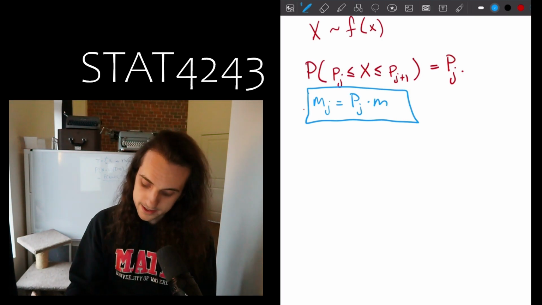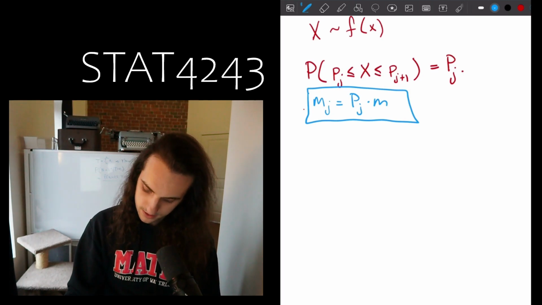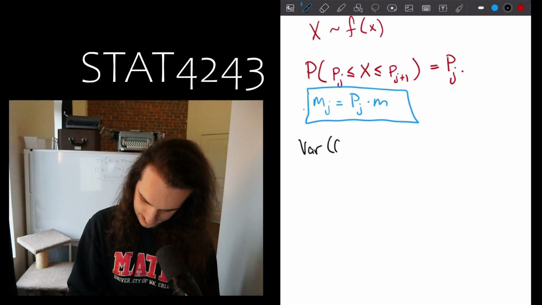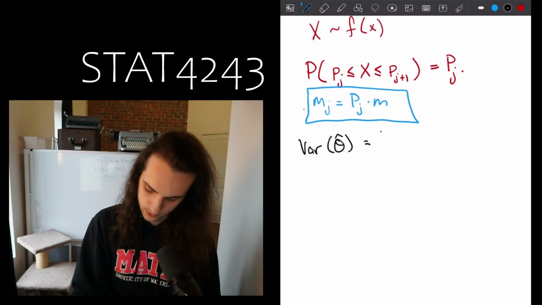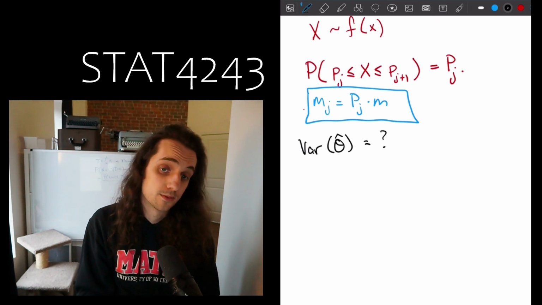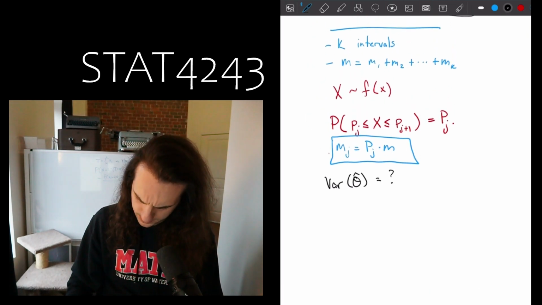Then what we could ask is, okay, so if we actually form this out, right, then what is going to be the variance of our overall estimator, right? And this is what we want to show here. And ideally, what we're going to be able to show is that the variance of this is going to be lower than the variance if we hadn't done any of this splitting, okay?